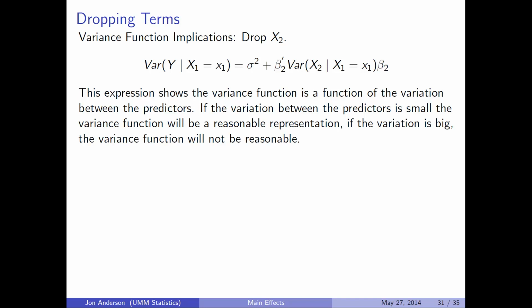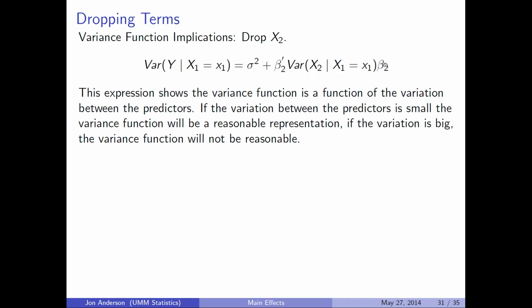Another way to look at this is in terms of the variance function. What happens to the variance function of y if we get rid of a predictor or a regressor x2? You can see that the original variance function was just sigma squared, and if you get rid of x2, it probably doesn't matter very much if the two predictors are not very variable in their relationship with each other, or if the effect of x2 on the response is really quite modest.